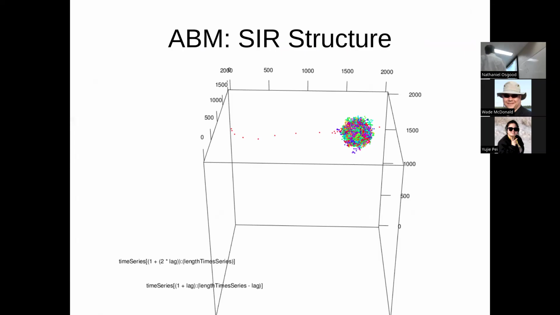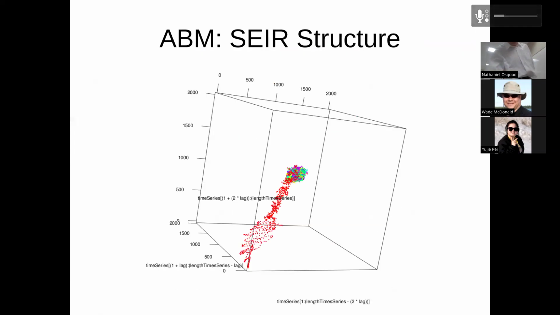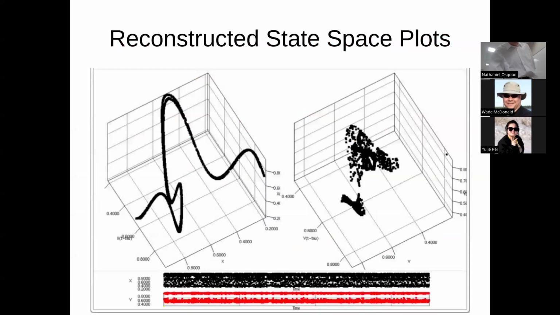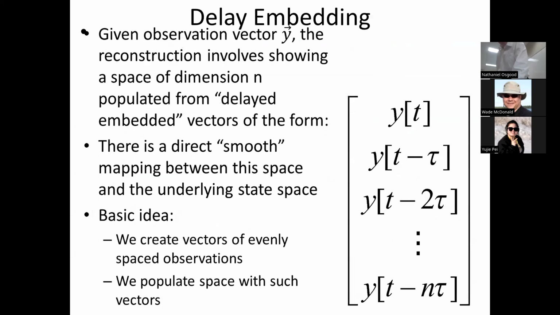This is from just one time series for data from an infectious disease model. This is another lens on it. This is reconstructed state space from data from smartwatches, for example, collected, I believe, on heart rate variability data.